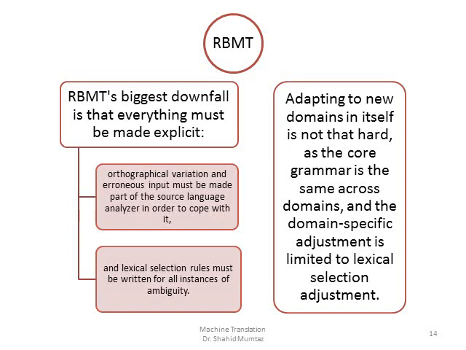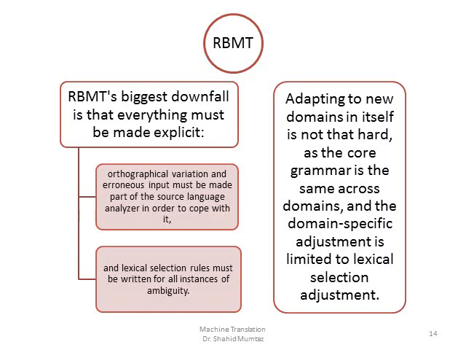And lexical selection rules must be written for all instances of ambiguity. I mean, in case of ambiguity, there is the question of how to select different lexical items, different vocabulary items. So rules must be written for all possible cases of ambiguity.